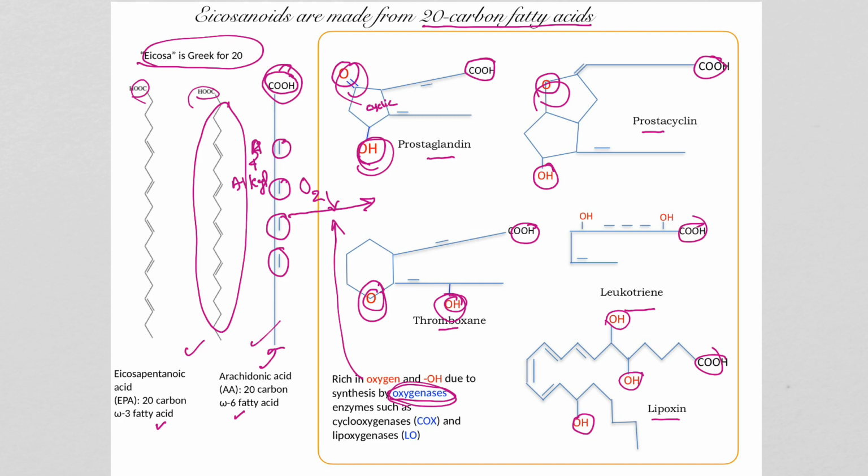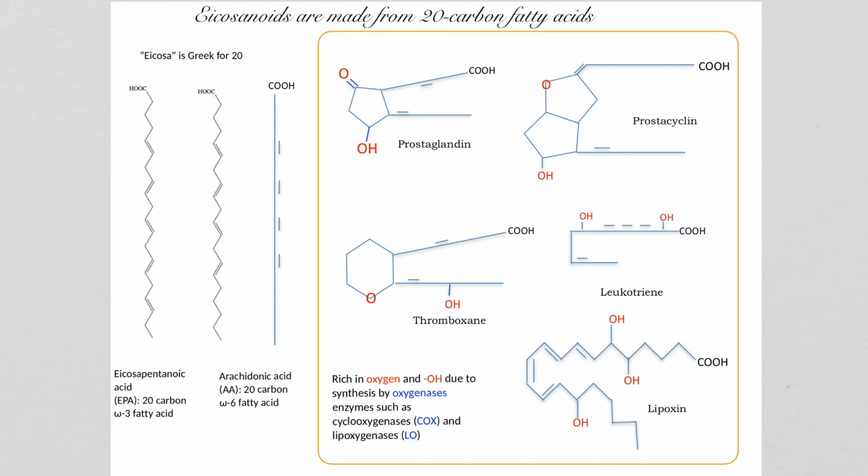Two very important oxygenase enzymes are cyclooxygenases, which we'll abbreviate as COX, and lipoxygenase, which we'll abbreviate as LO. So basically, eicosanoids are compounds where oxygen is added in this part of fatty acids such as EPA and AA.